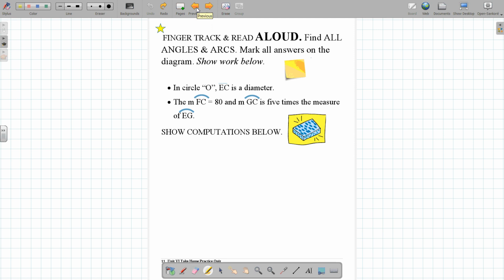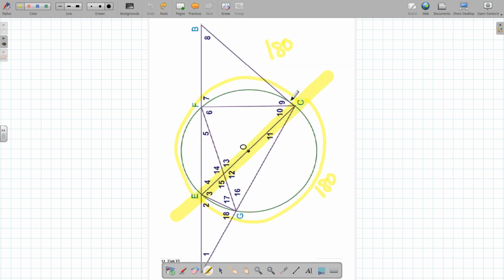Next, we're told that the arc F to C is 80. So the arc F to C is 80 degrees.